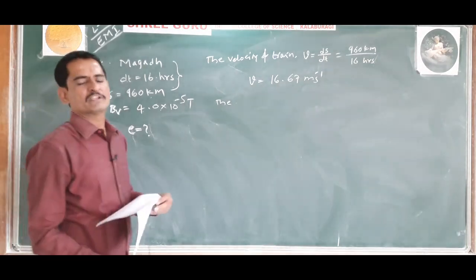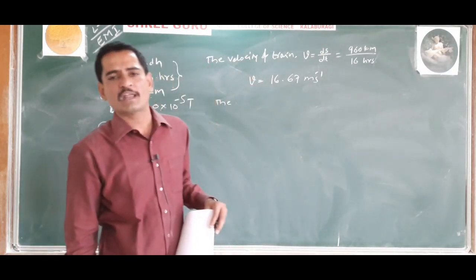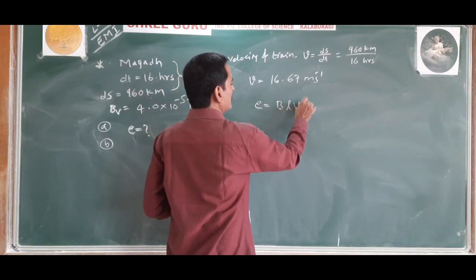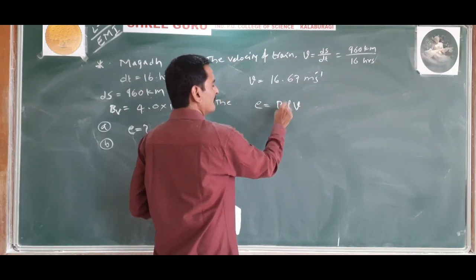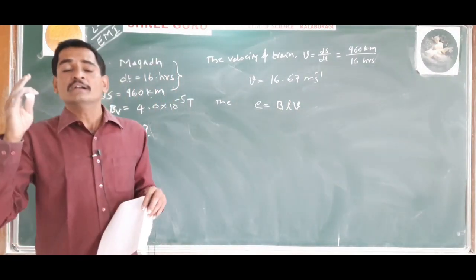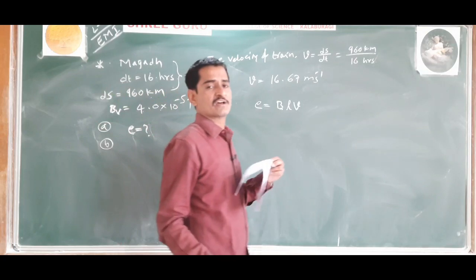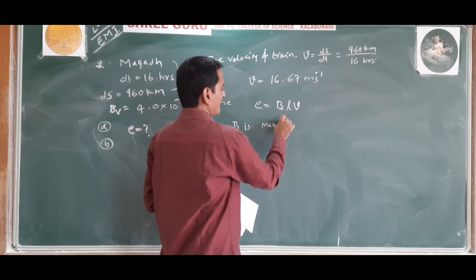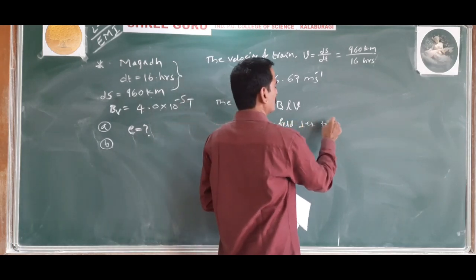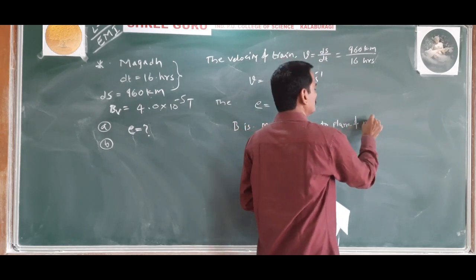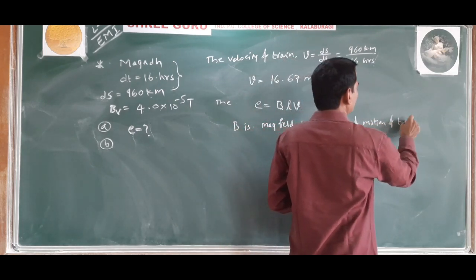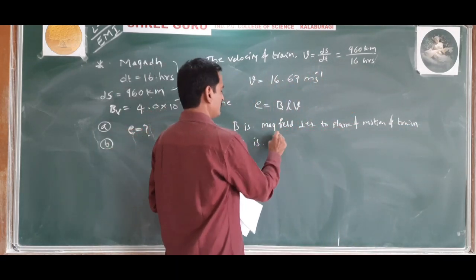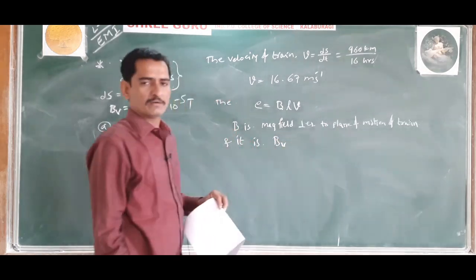The EMF induced across the width of the train due to the motion of the train is given by E = BLV, where B is the magnetic field perpendicular to the plane of motion of the train, that is BV, the vertical component of Earth's magnetic field.